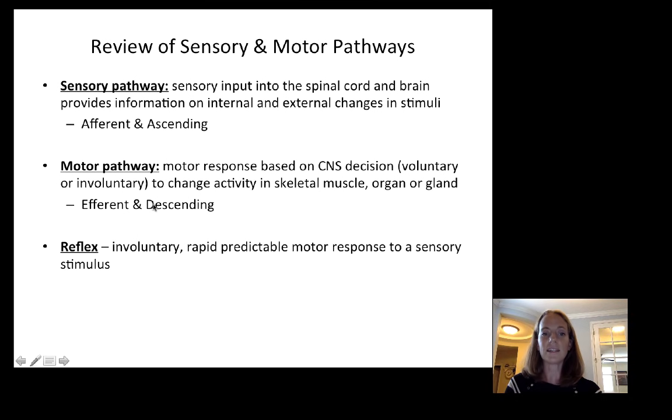These are efferent and descending pathways. Finally, a reflex is a simple pathway that involves only the brain or only the spinal cord and is involuntary. It's a very fast, predictable motor response to a simple sensory stimulus.